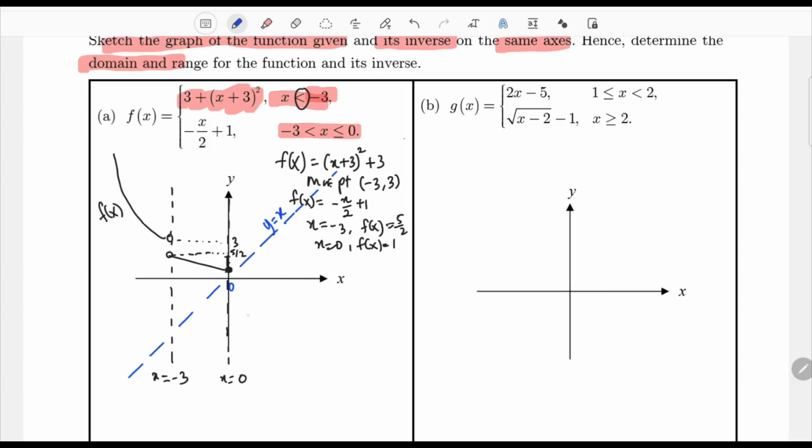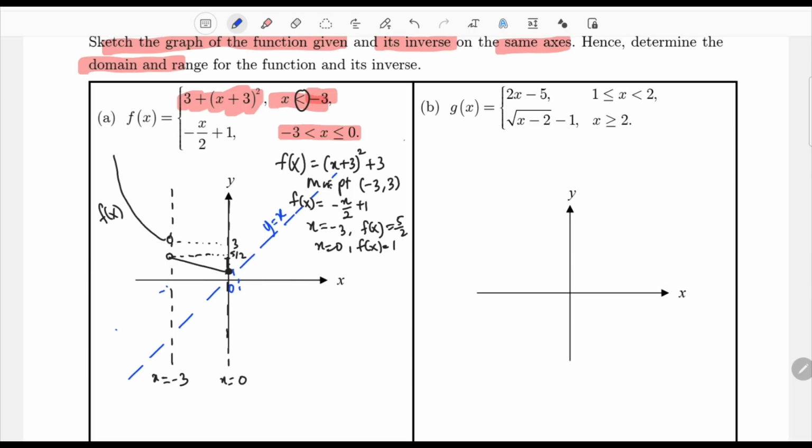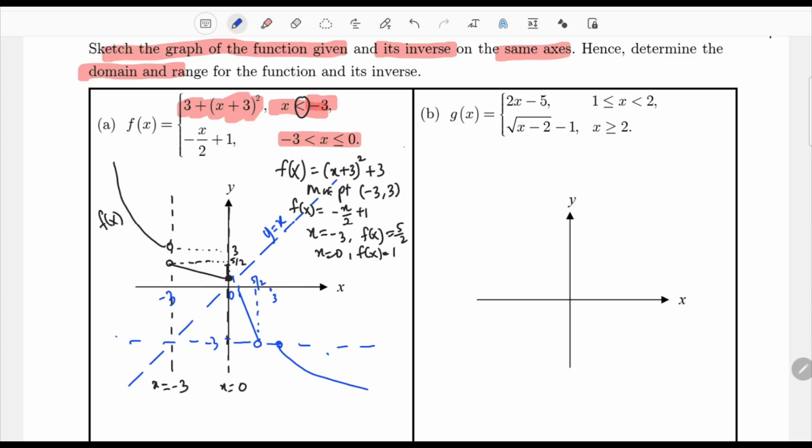So let's draw it. So somewhere here will be 5/2. And then this is 1. So that's -3. So it should be somewhere here. Here, -3. Alright, so this is your f inverse of x.